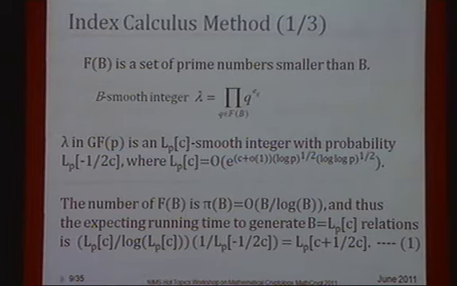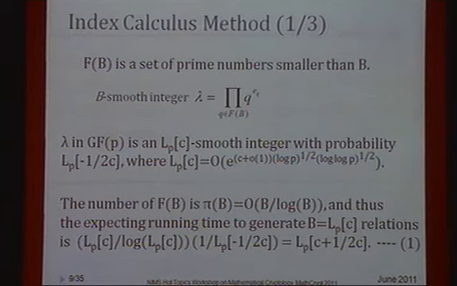Sometimes the exponent is quite huge. But if you randomly choose an integer lambda, the exponent is not large in general. But for small numbers 2, 3, 5, 7, maybe the exponent is, for example, 20 or 30. So for a given 1,000-bit integer, what is important is the size of the prime number q, smaller than B. And this is now a purely mathematical question.